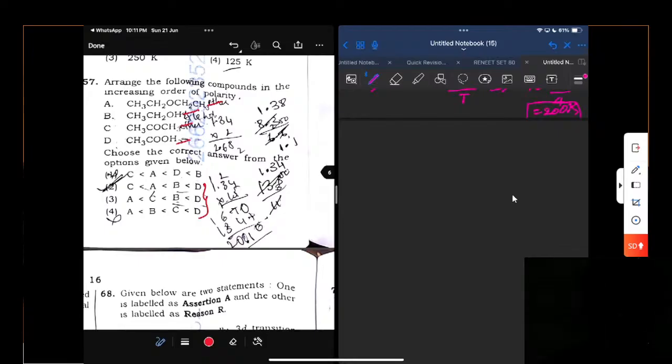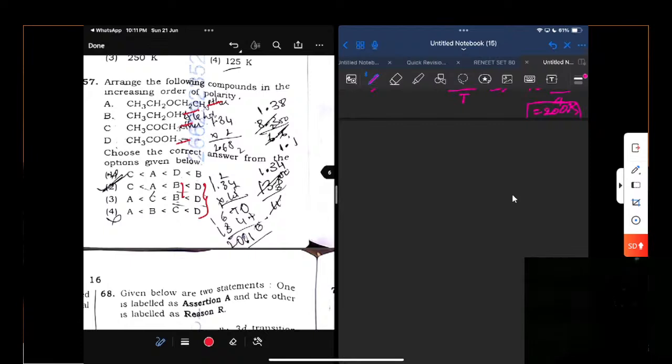First comes COOH, that is acid, D. Then comes alcohol, that is B. In these two options we have B. So among 2 and 3, one should be correct. Among diethyl ether and dimethyl ether, which one is more polar?